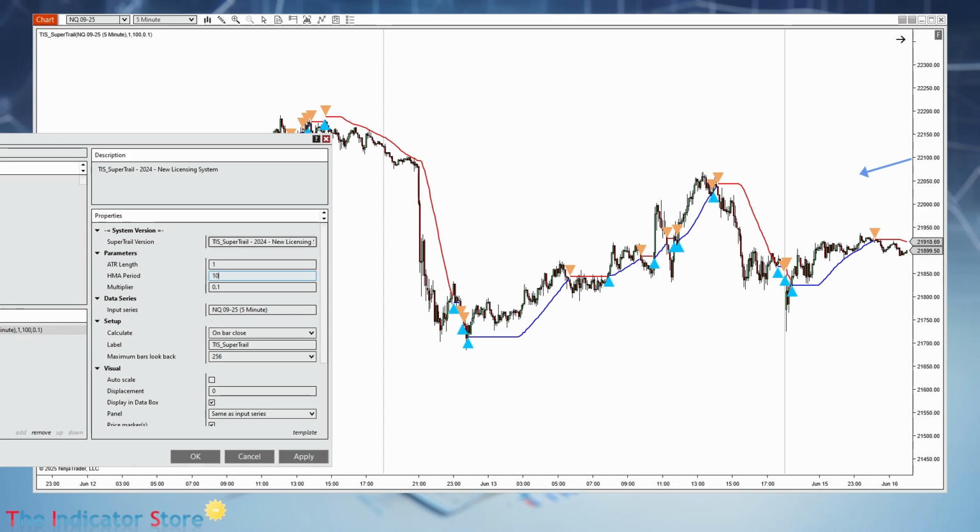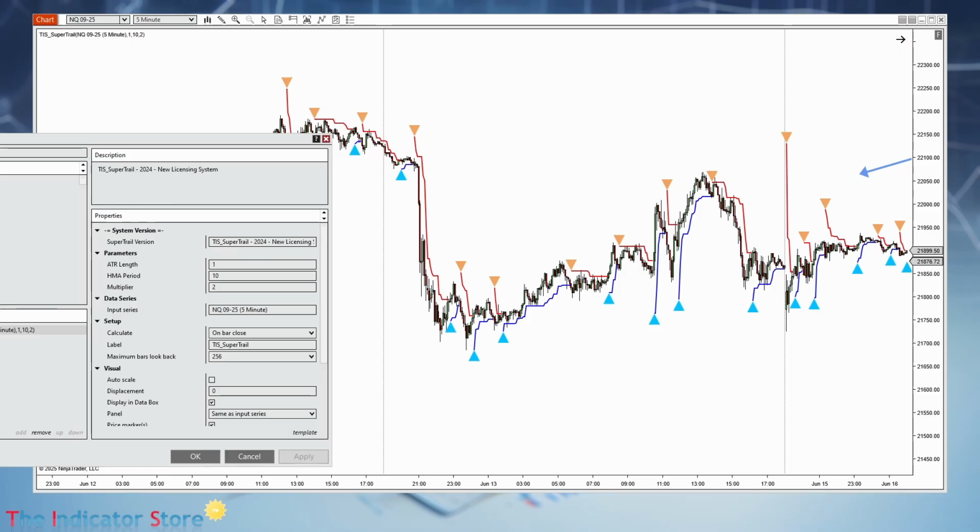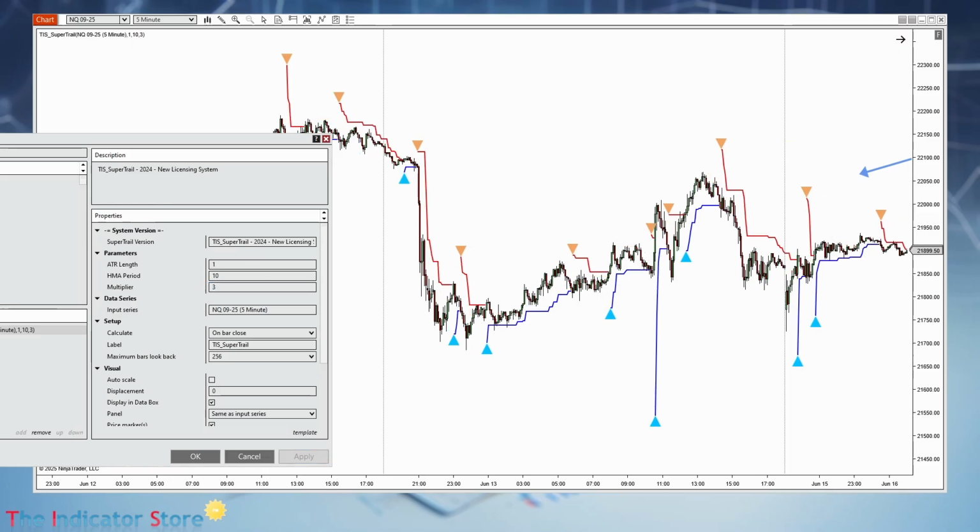In the other direction, we can decrease the period and increase the multiplier. Something like this. The bigger the multiplier, the more difficult it is to change the trend.